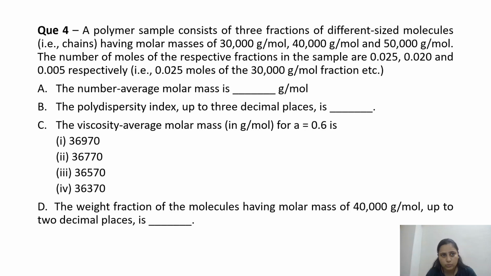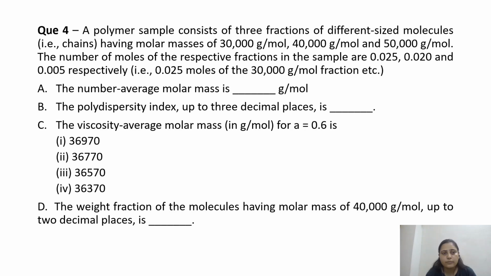So from this question we can see that a polymer P sample has 3 fractions, which we can consider X, Y and Z. The molar mass of X is 30,000, of Y is 40,000 and of Z is 50,000. Their moles are also given: 0.025 for X, 0.020 for Y and 0.005 for Z.